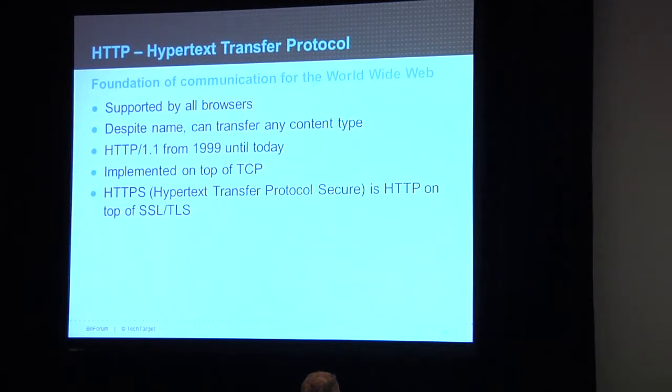The current standard for HTTP, which is starting to evolve again, is HTTP 1.1, which has been around since 1999. It's implemented on top of the TCP protocol. HTTPS is essentially just HTTP encrypted using SSL/TLS. From this point on, I won't say HTTP or HTTPS, I'll just say HTTP. It can be either encrypted or not, it doesn't really matter.